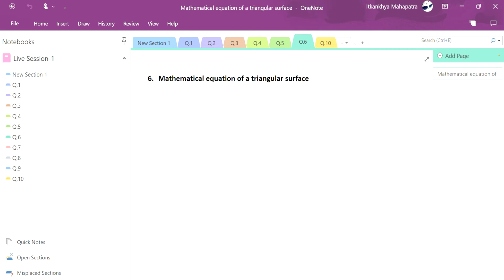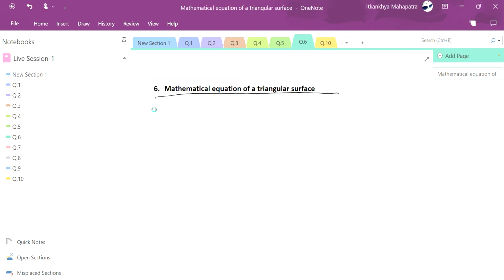Okay, so next let's move on to the numerical part. Now we will be understanding the mathematical equation of a triangular surface. So the question is we have to find the mathematical equation of a triangular surface. I'll just write out the steps on how to do it.